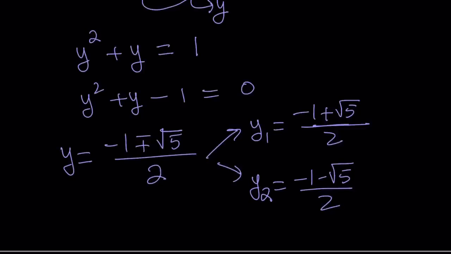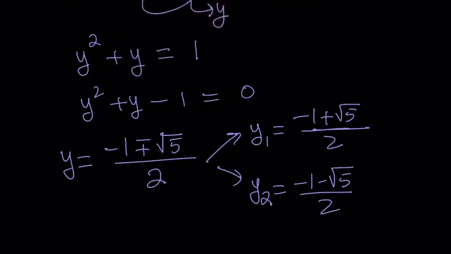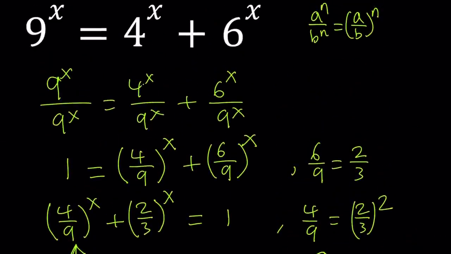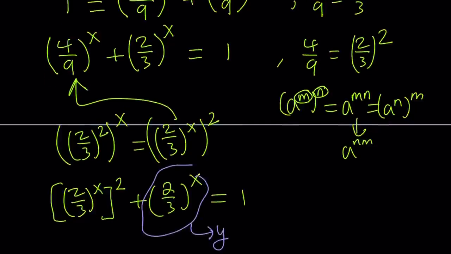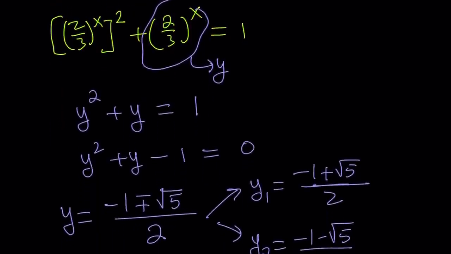So here's what we're going to check. Our original equation was given with a certain domain, obviously, right? Can x be anything? Yes, these are exponential functions, so x can be anything. But that doesn't mean 2/3 to the power x can be anything. So in other words, y cannot be everything. Why?